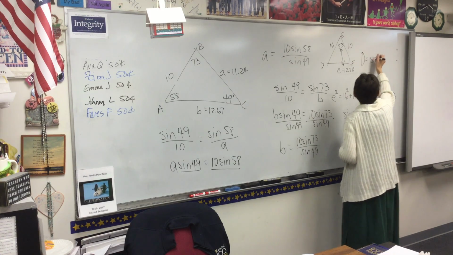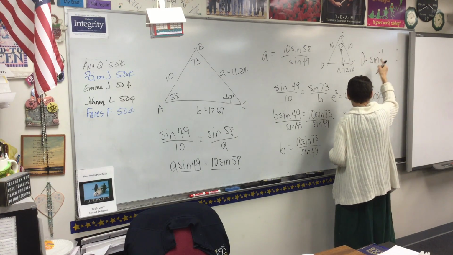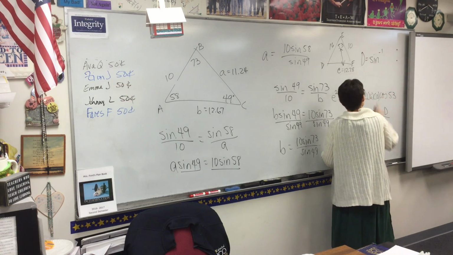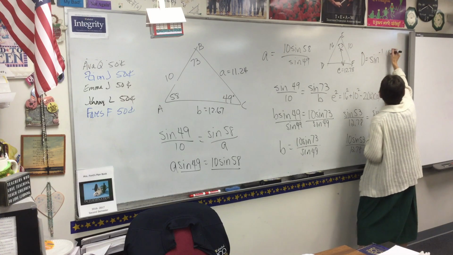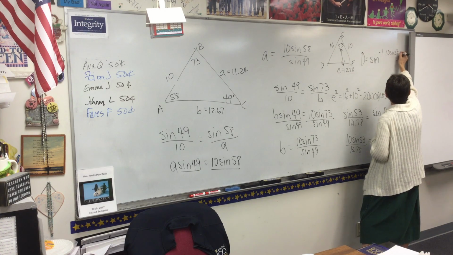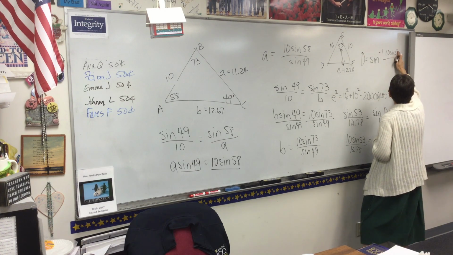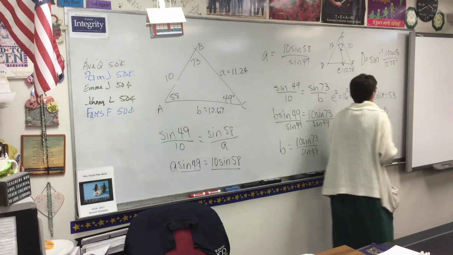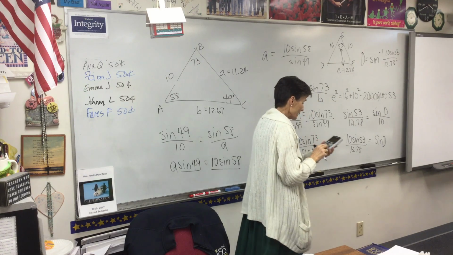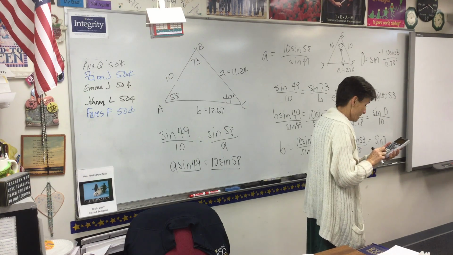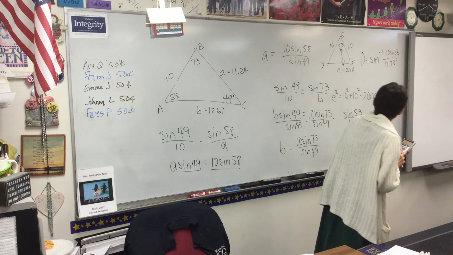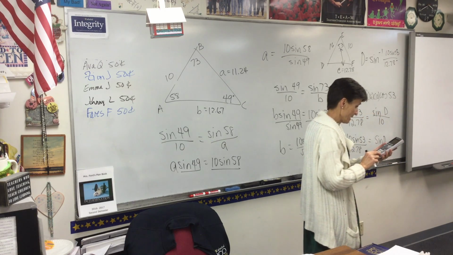So I'm going to type in second sine, just like Ian was saying, I have to move the sine over. So second sine, 10 sine 53, divided by 12.78.